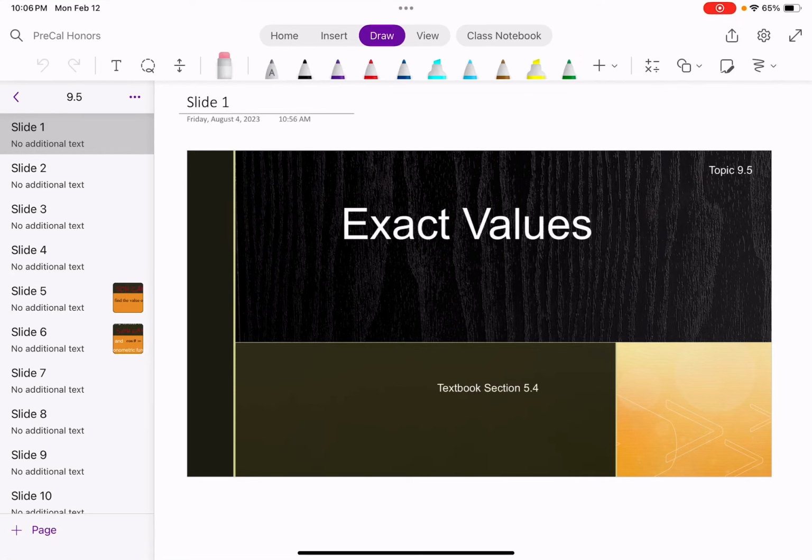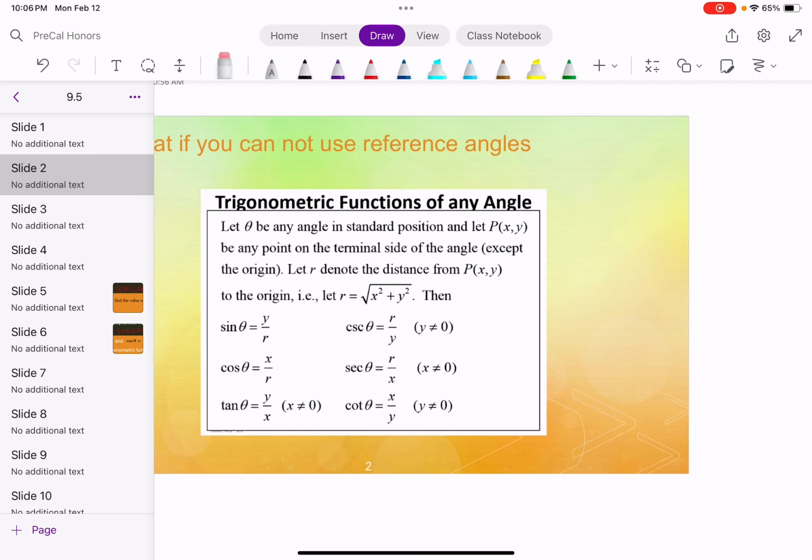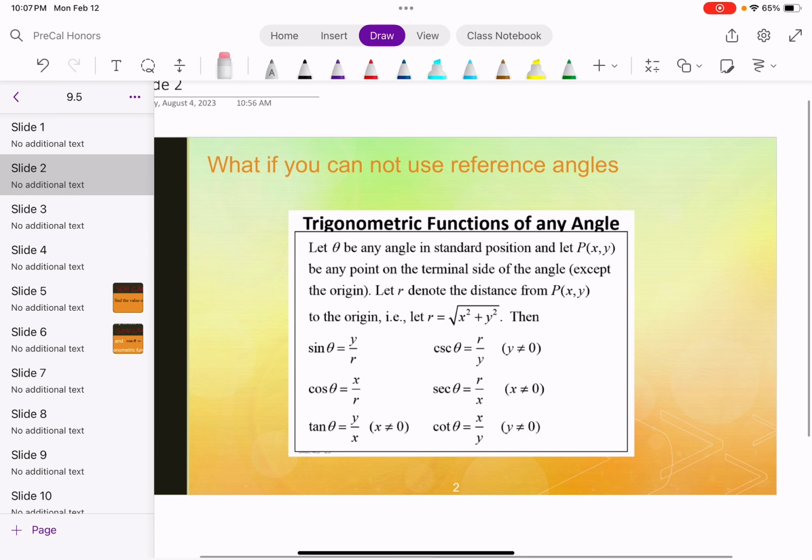Hey there everybody, we're going to be going over 9.5 exact values and how to calculate them out. So when we start taking a look at slide 2, the first thing to understand is that all we're doing here is translating exactly what we were looking at before as far as our trig functions and relating them to a circle.